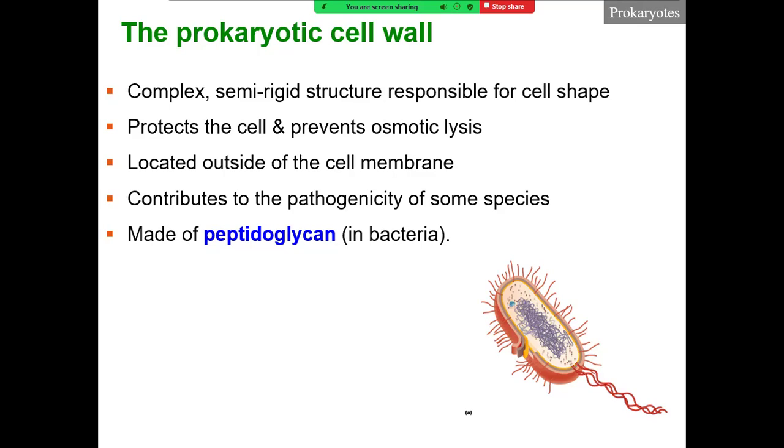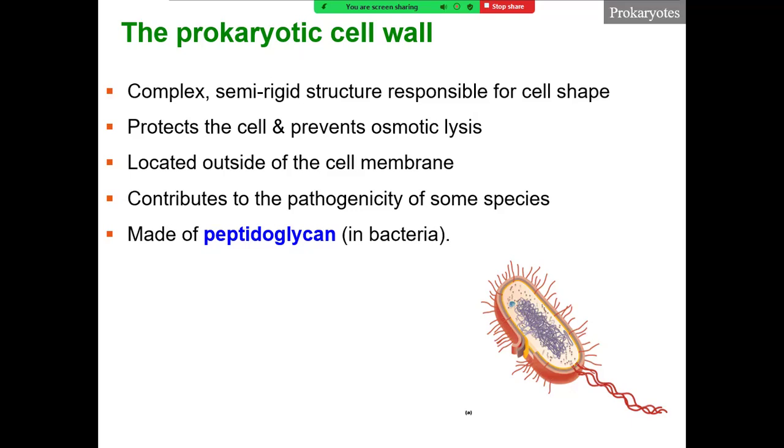The cell wall can contribute to the pathogenicity of some species, like the Mycobacterium. Part of the reason why the Mycobacterium can be pathogenic to human cells is because of the cell wall of the Mycobacterium. The cell wall is mainly made up of peptidoglycan, meaning it's the main molecule in the cell wall of bacteria.